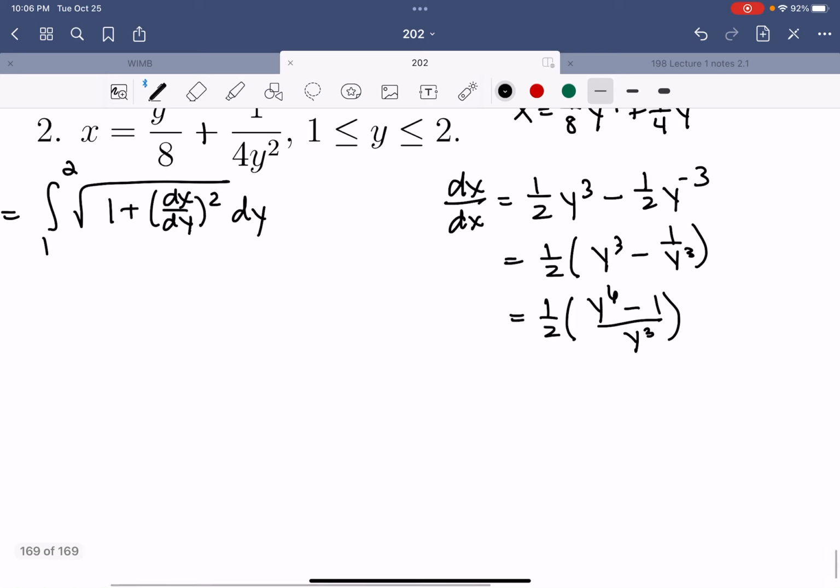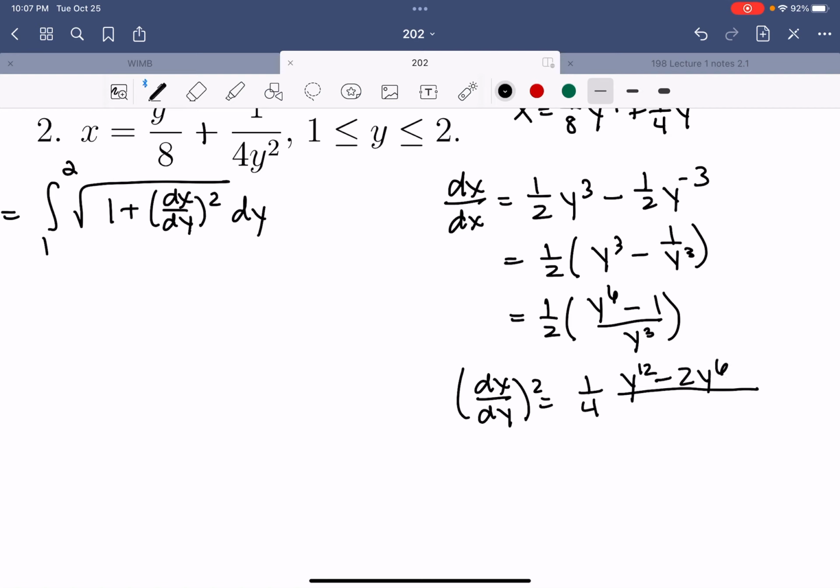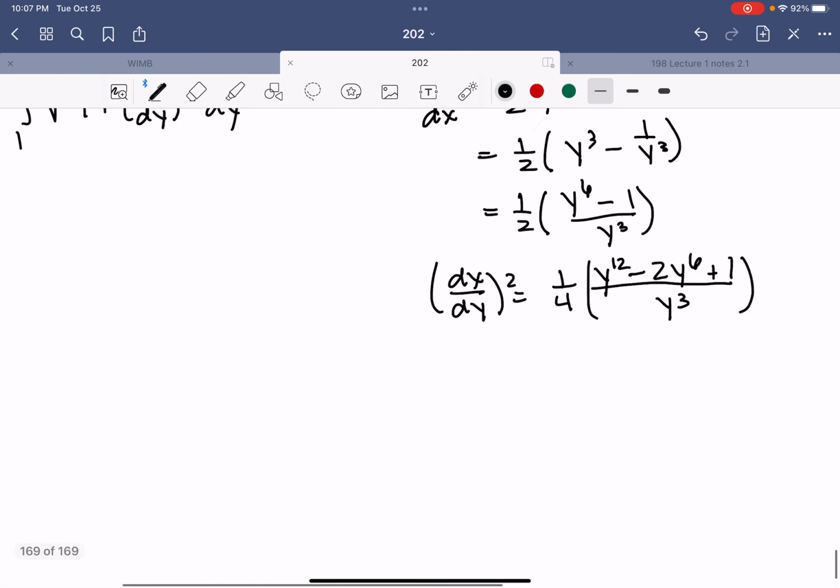Because that's going to make it a little bit easier to square it. So when we square this, this becomes 1/4. And I'm going to square the top. So if I square that, that gives me y to the 12th minus 2y to the 6th plus 1 all over y cubed. And then I'm going to add 1 to that.